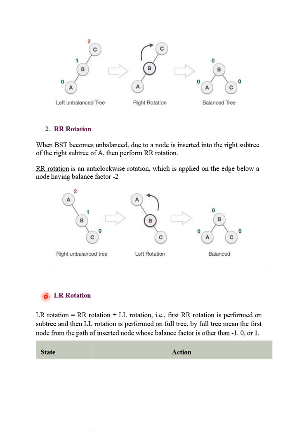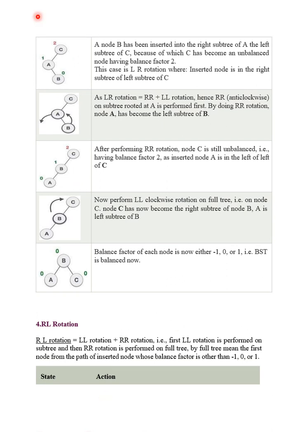Next, LR rotation is a double rotation. It is nothing but first an RR rotation and second an LL rotation. We have to perform two rotations in case of LR rotation. See this example.